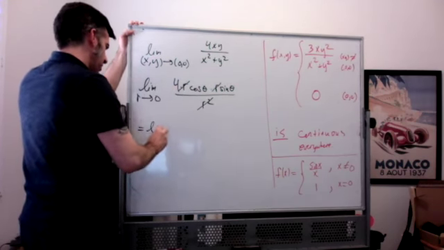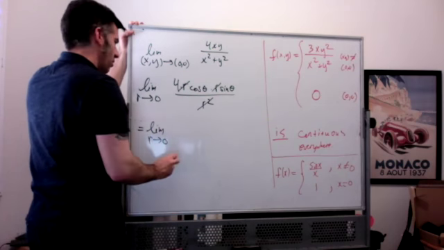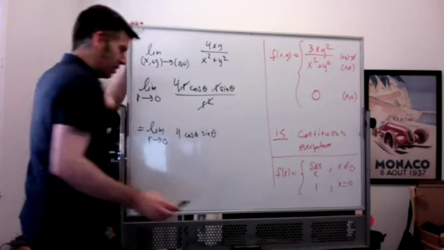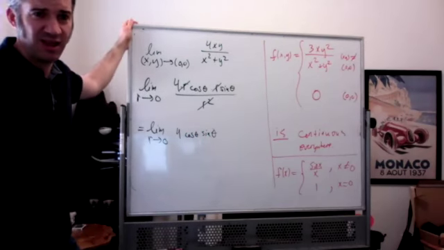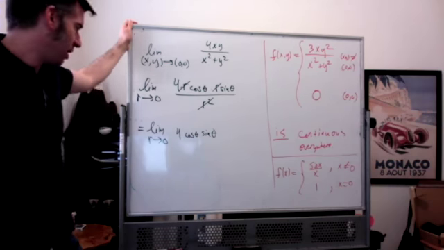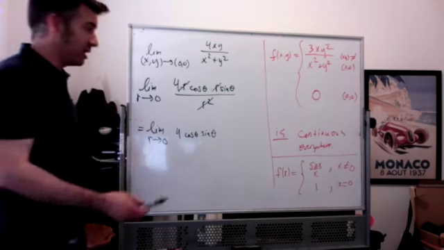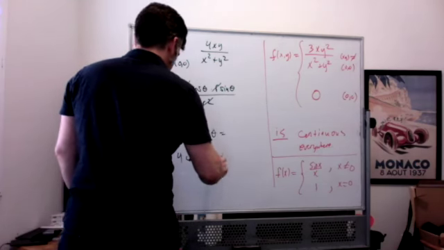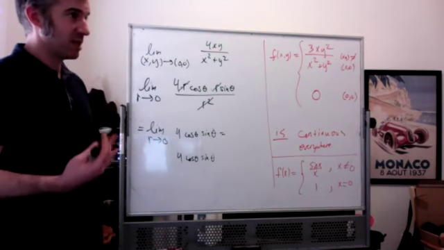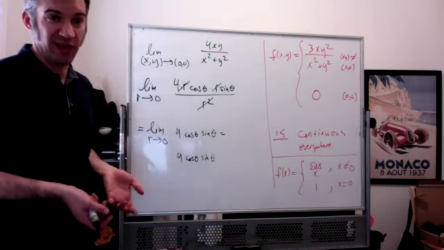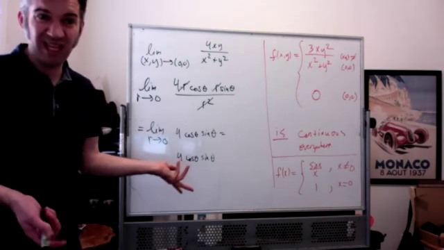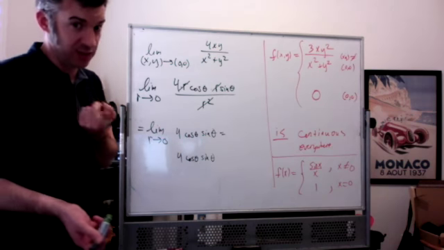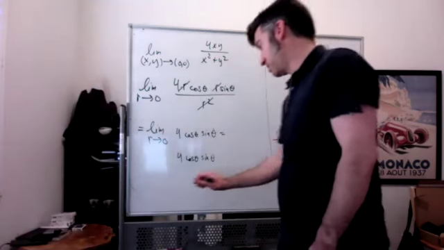So you've got the limit as r goes to 0 of 4 cosine theta sine theta. The problem here is that theta can be anything. Since there isn't any restriction on what theta can be, this can be anything. And since it can be any value, it's not one particular value, which means the limit does not exist.